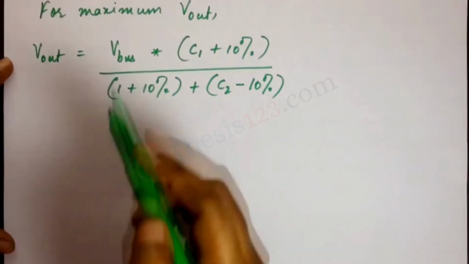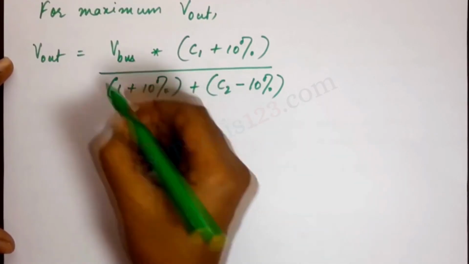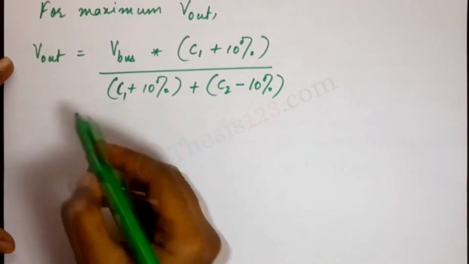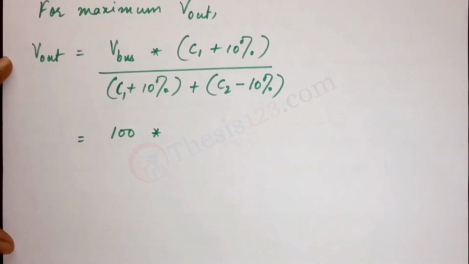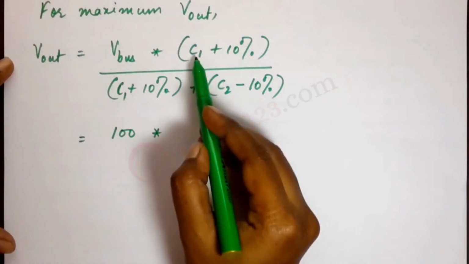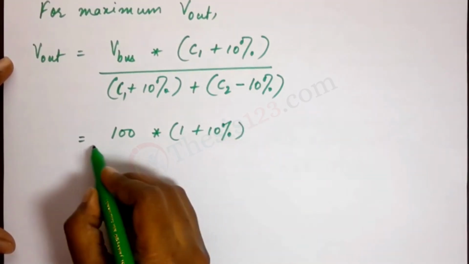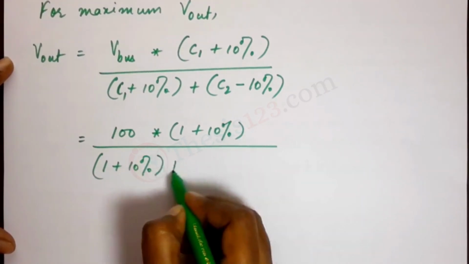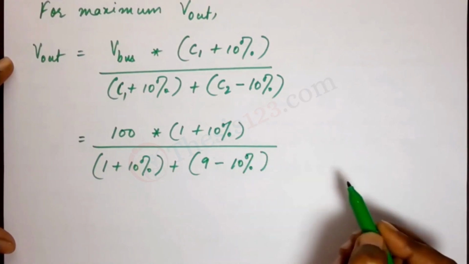Now we have our values. V-bus is 100, C1 is 1 microfarad, and C2 is 9 microfarad. We'll put the values into the formula here. So that's 100 into 1 plus 10% of 1 divided by 1 plus 10% of 1 plus 9 minus 10% of 9.